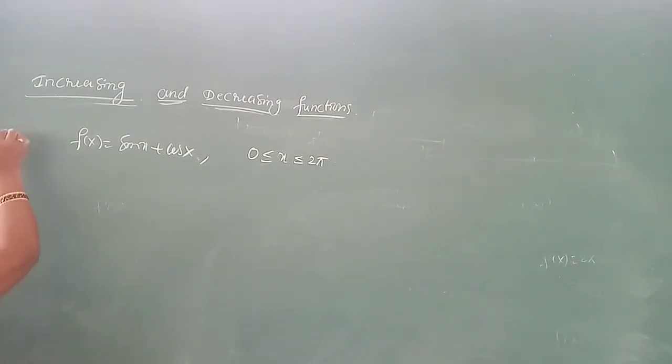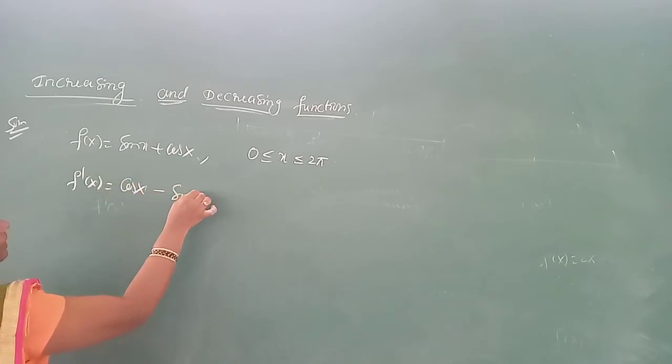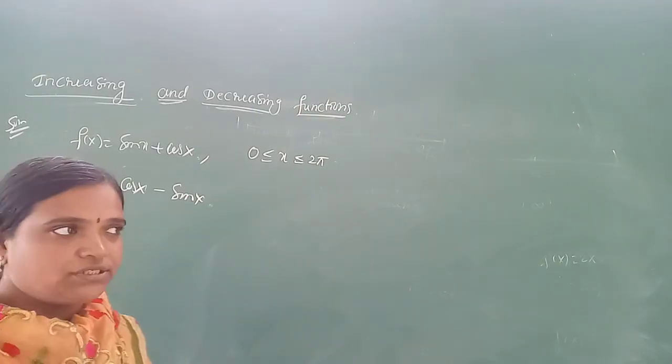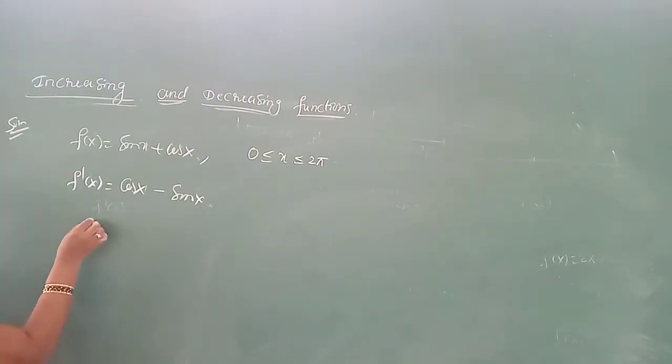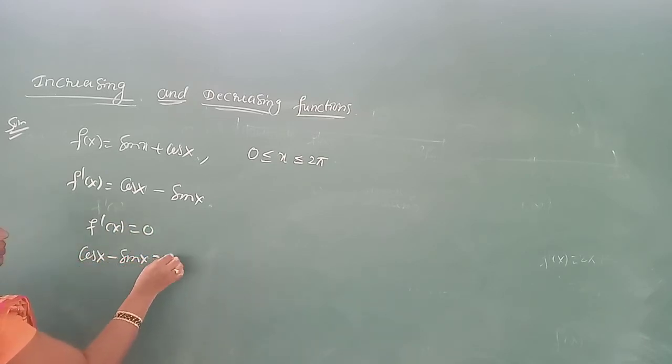Very first step, calculate f dash of x, the differentiation. Sin x differentiation is cos x, cos x differentiation is minus sin x. The next step is the calculation of critical points. Next, f dash of x is 0, so cos x minus sin x is 0.